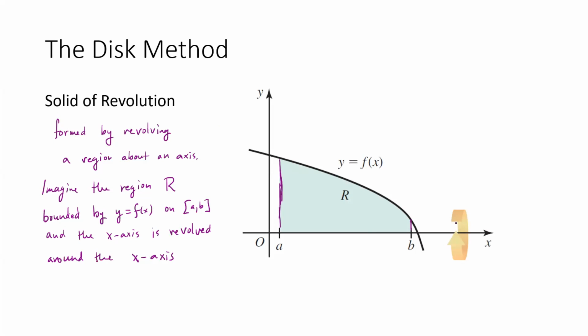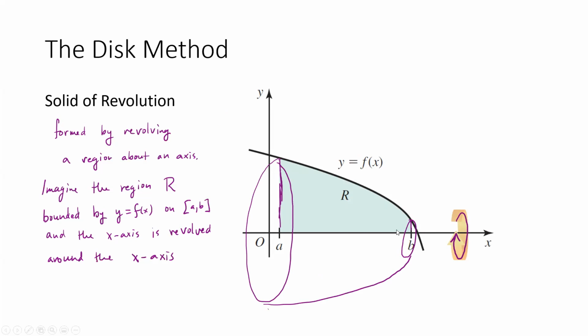Okay, so here we're indicating we're going to take this and revolve it around the x-axis. And so imagine that as we do that, this is going to sweep through some three-dimensional shape that's going to form our solid of revolution.